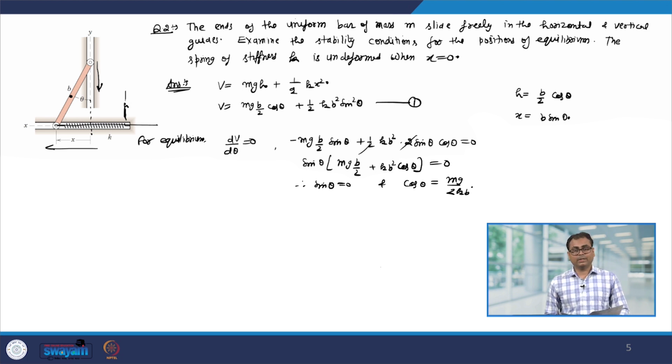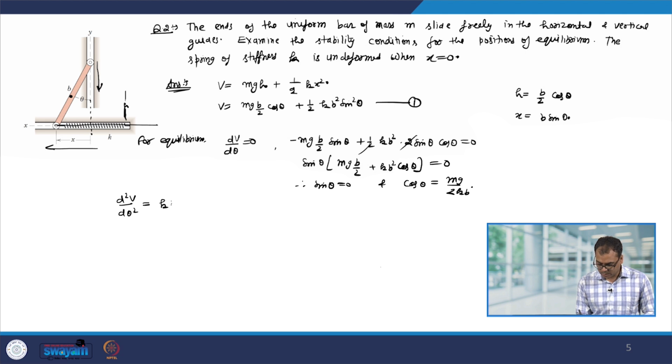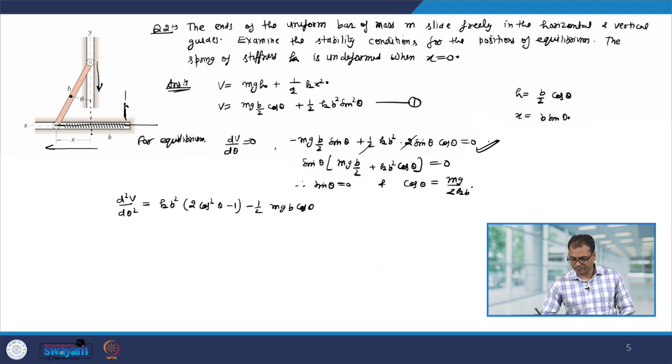Now, to find out whether the equilibrium is stable or unstable, let us calculate the second derivative. So, d²V over dθ² will be kb² (2cos²θ minus 1) minus half mgb cos θ. This I calculated from here.